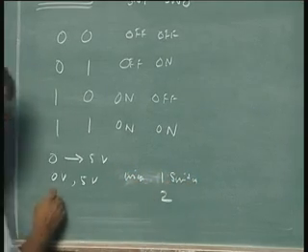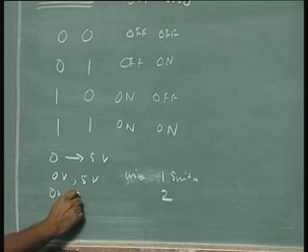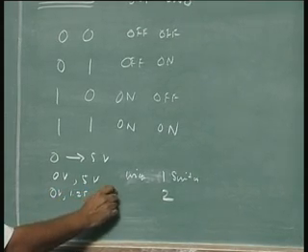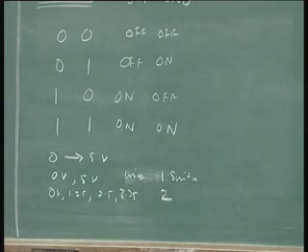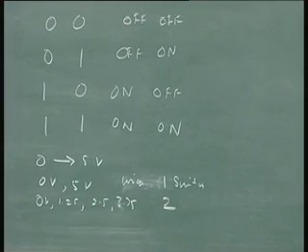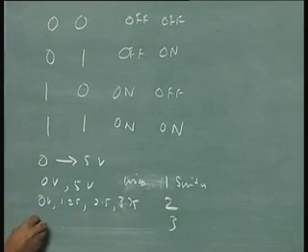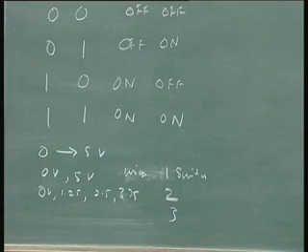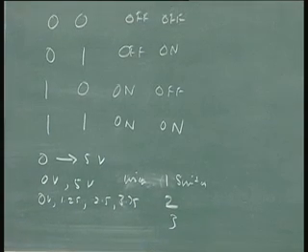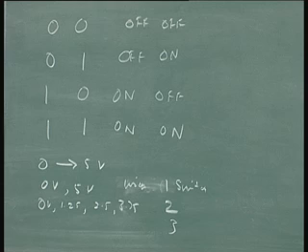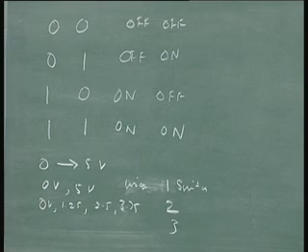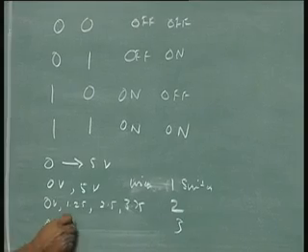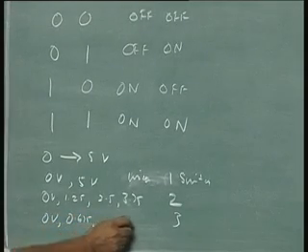With 2 switches, it can take 0, 1.25, 2.5, 3.75. With 3 switches, it can take whatever, divide by 8, 5 divided by 8 is 0.675, right? Is it right? Yes or no? We're going to say yes, 0, 0.675, etc.